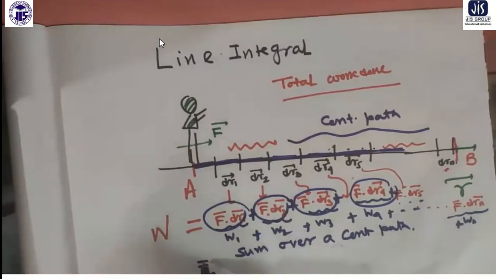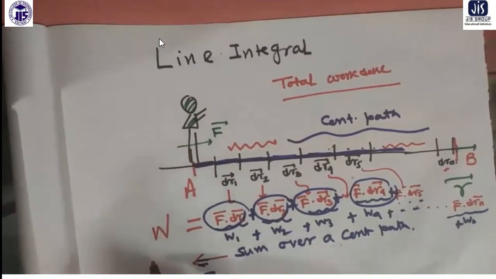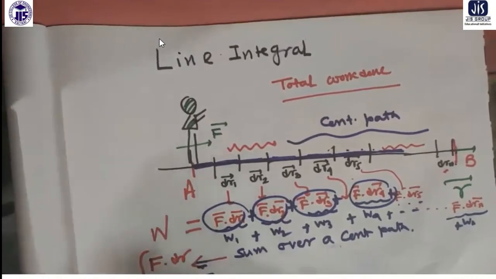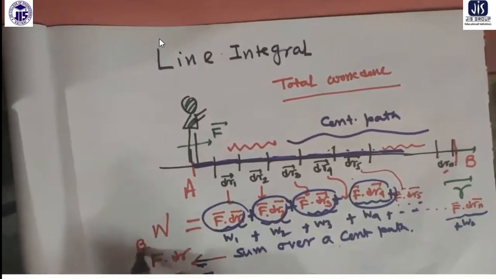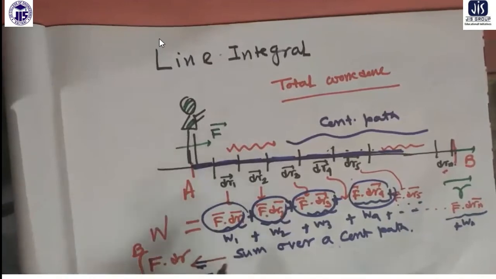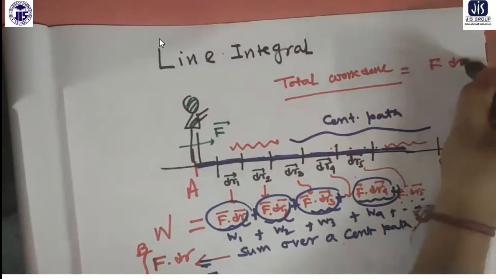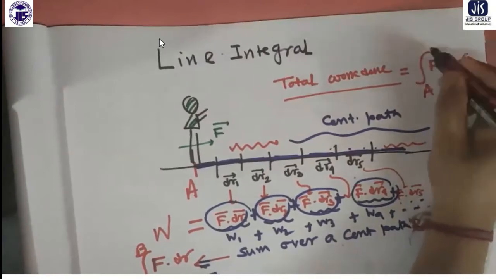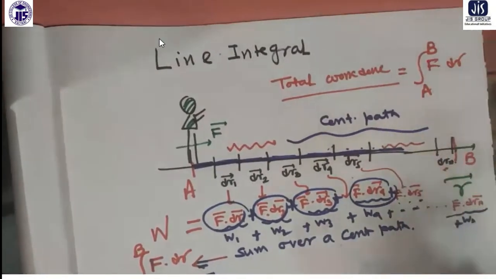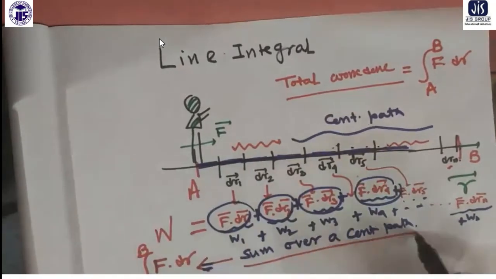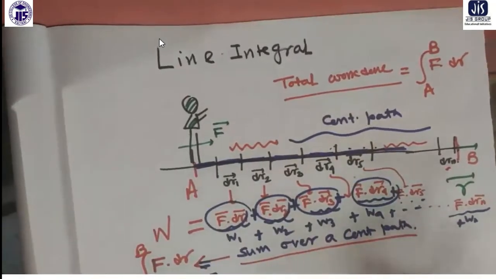It can be written as the integral of F dot dr, running from point A to point B. So the total work done would be the integral of F dot dr from A to B, because the summation over a continuous path is called an integration.